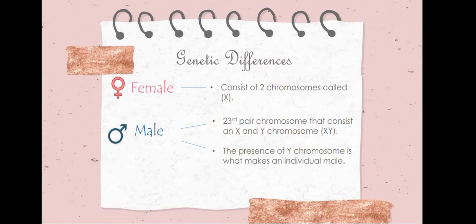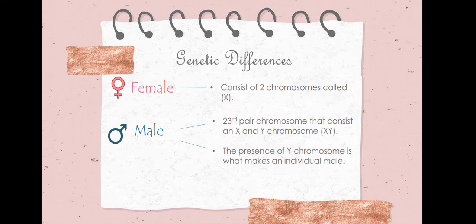All right, genetic differences. Female consists of 2 chromosomes called XX. So how do we know the sex of the baby, or the gender of the baby? If the baby is female, it means the genetic makeup is XX. Right?